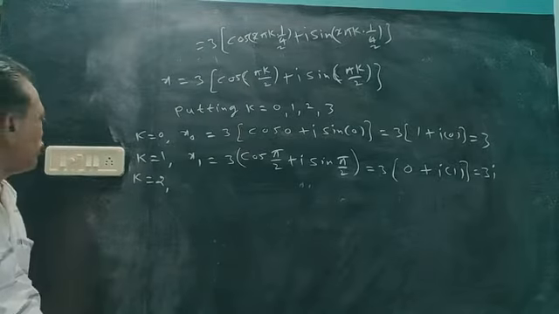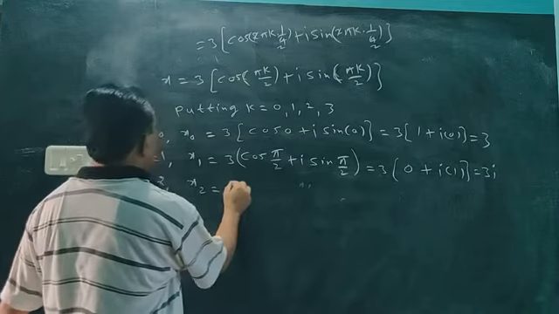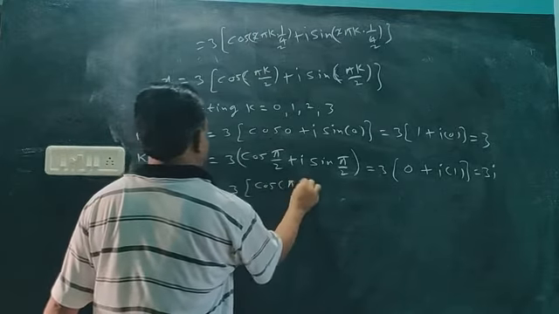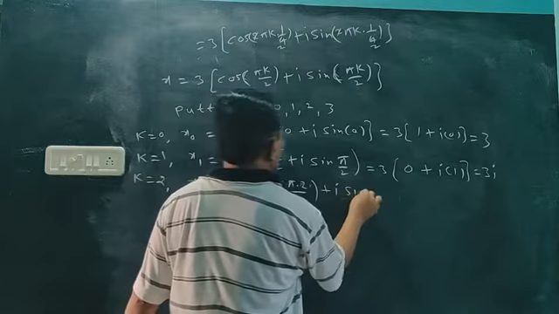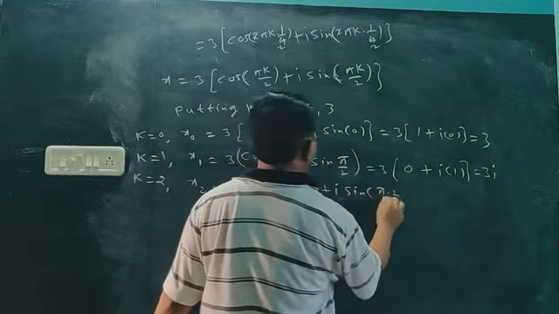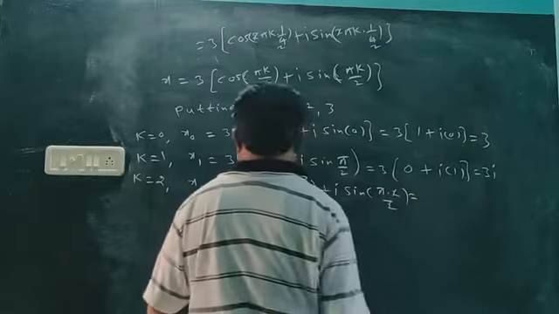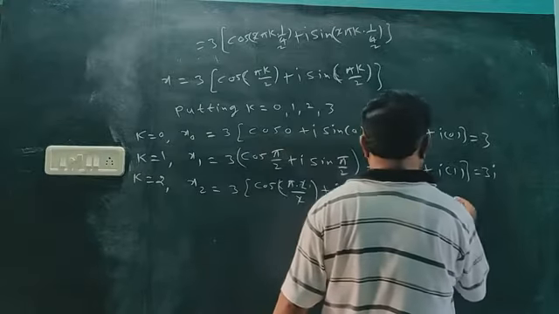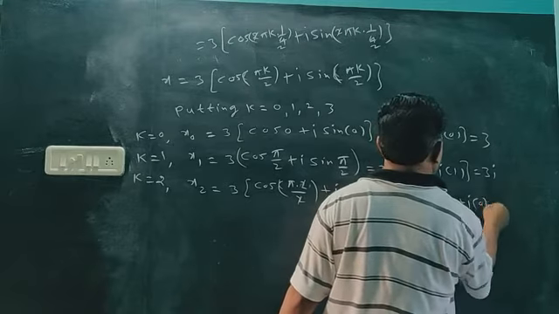K equals to 2, x2 equals 3 times cos of 2 pi by 2 plus I sin 2 pi by 2. So the 2 cancels: cos pi plus I sin pi. Cos pi is minus 1, sin pi is 0.